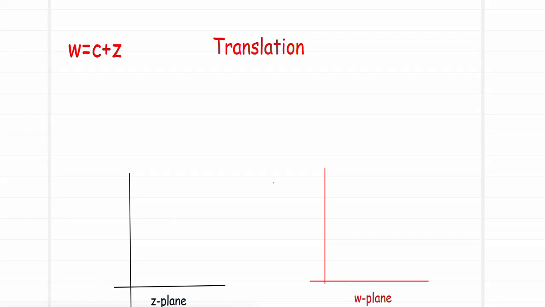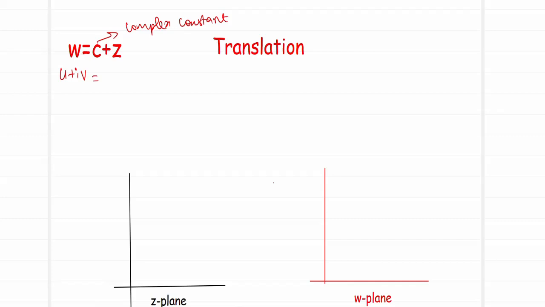We begin with the first type of standard transformation called translation, and it is given by W is equal to C plus Z. As such, we know that W is going to be represented as the complex number U plus iV, and I have C to be a complex constant.